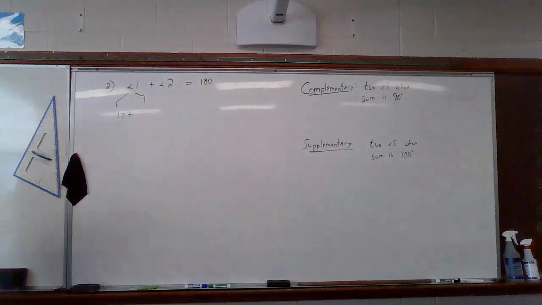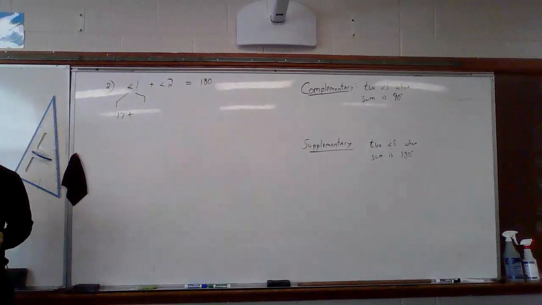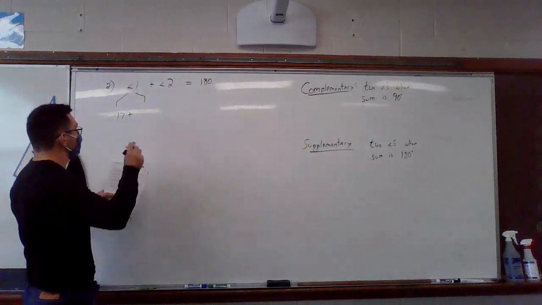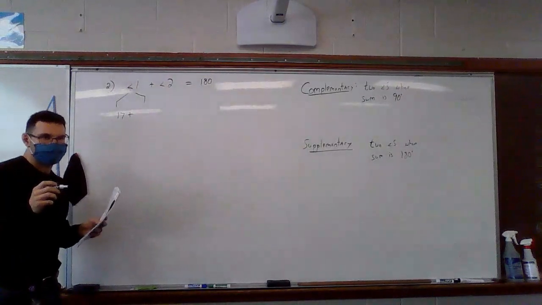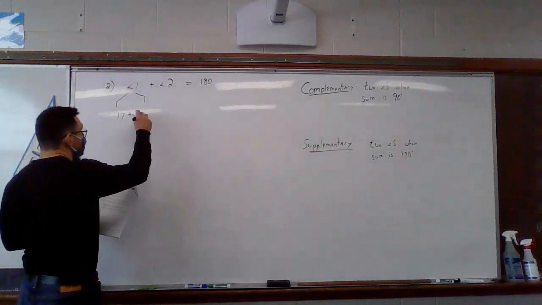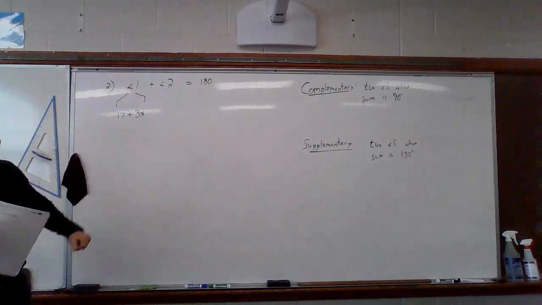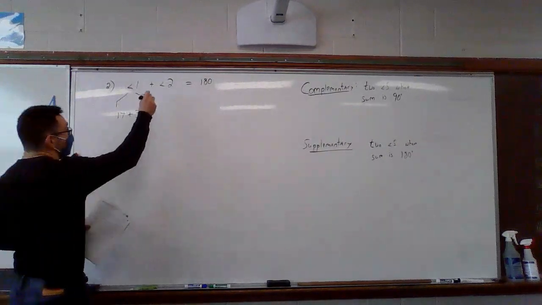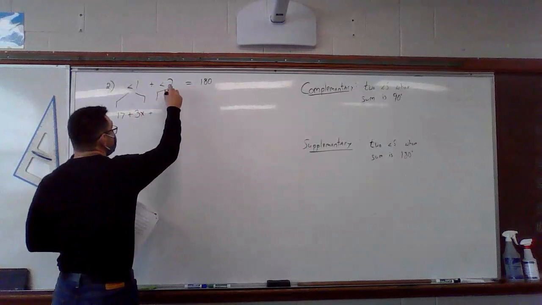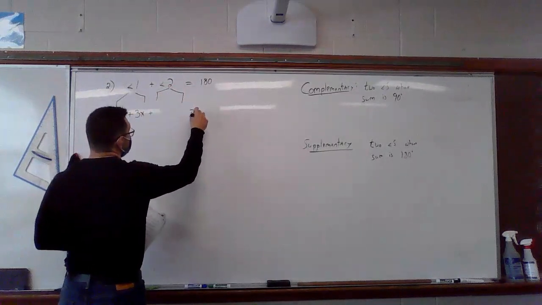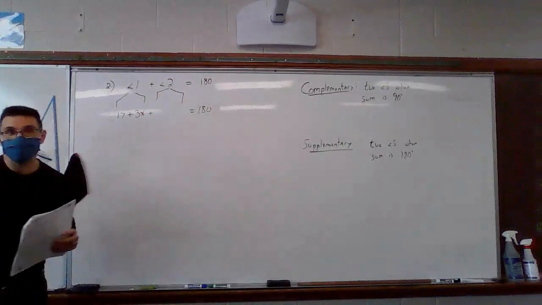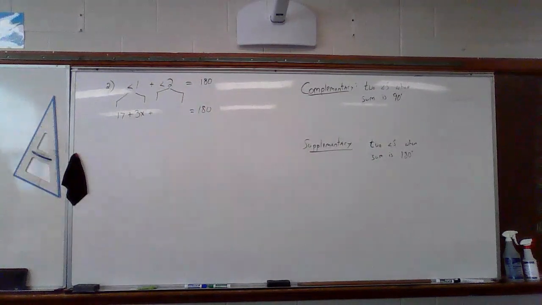So how am I going to show 3 times the number? Plus 3x. That's 3 times the number. There's my first angle. My second angle is here. So does everybody see how I broke that down to find the first angle?